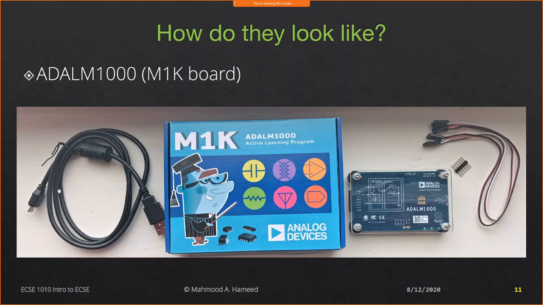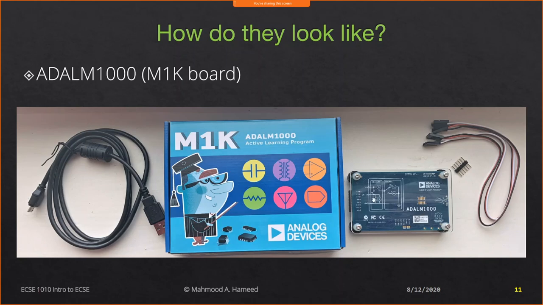It should have this USB-A to micro USB cable, the same cable that you use to charge your Android phones, right? That's how you connect the board to the computer. And your laptop is where you are running the software that controls the M1K board.